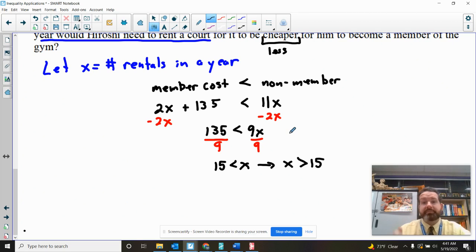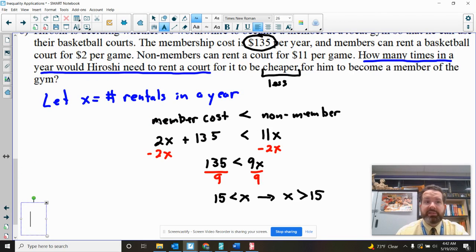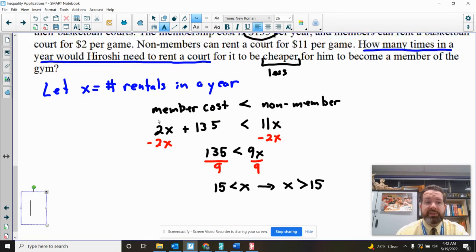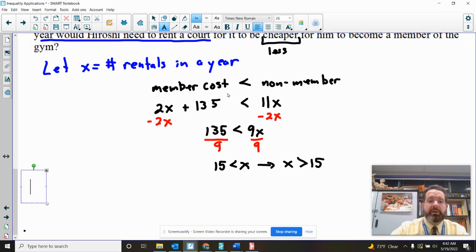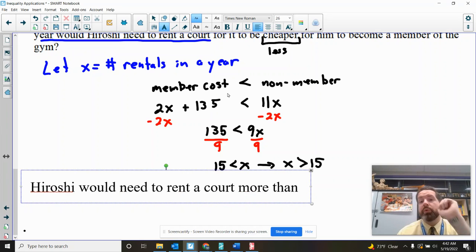So what are we saying? Well, if the number of times you rent the court is more than 15, then it's cheaper if you pay that extra membership fee. So let's now put this answer in context. How many times would Hiroshi need to rent a court for it to be cheaper? Hiroshi would need to rent a court more than, now I'm saying more than, because take a look at the inequality symbol.